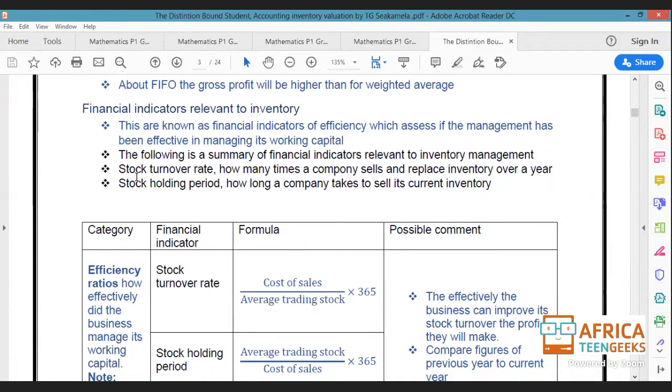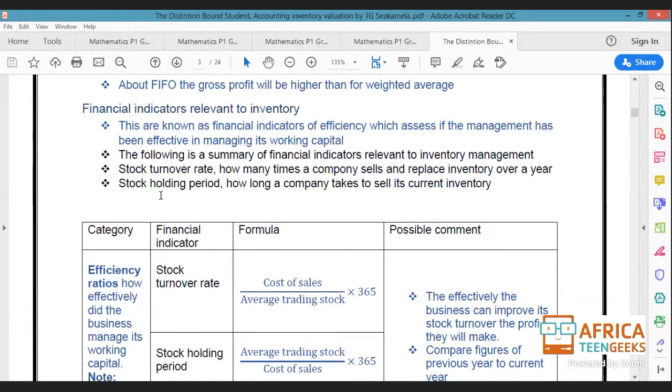Now, let's start with your stock turnover rate. Before I start, both of these financial indicators, guys, are part of your liquidity ratios. Remember, you've got 6 liquidity ratios, and 2 of them are your stock turnover rate and stock holding period. Your stock turnover rate is how many times a company sells and replaces its inventory over a year.